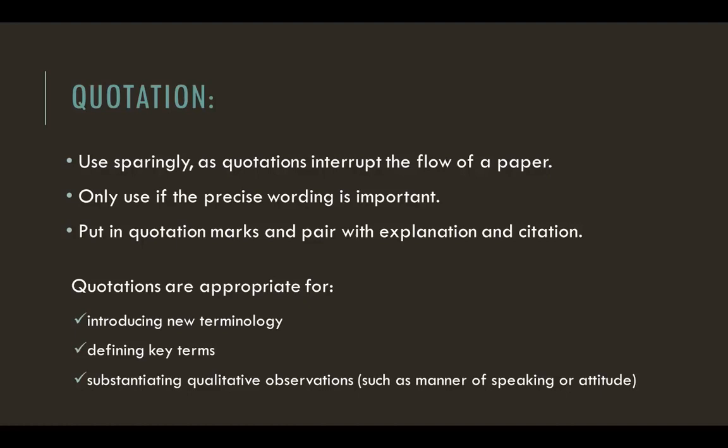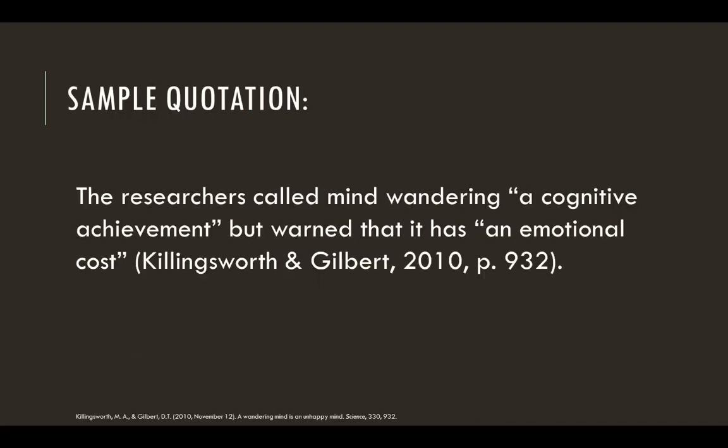Remember, if you're writing an APA-style paper, you should only use quotation if the precise wording is important. Otherwise, paraphrase and summary are much better options. Here's an example of a partial quotation that highlights some key phrases from the final paragraph of the Killingsworth and Gilbert article.